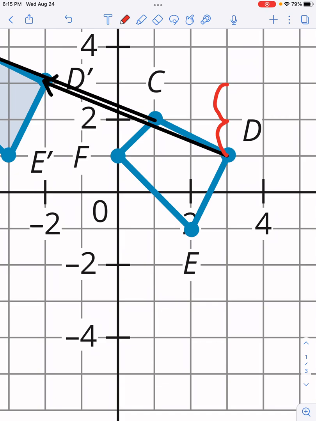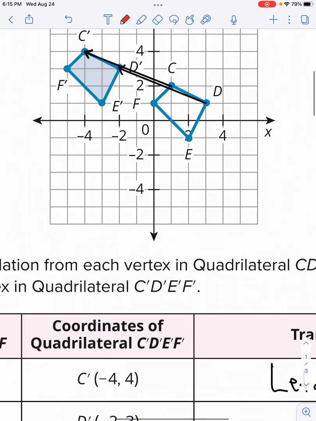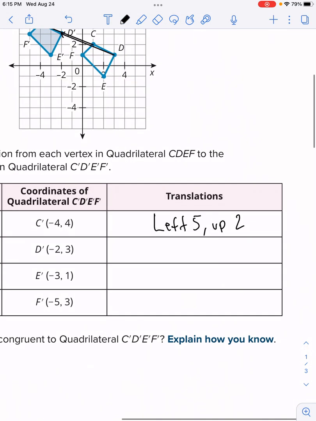Looks like I'm still going up 2. And then going to the left, 1, 2, 3, 4, 5 to get to that arrowhead. So same exact thing. So we're 2 for 2 here. Instead of writing out the words, I'll just put left 5, up 2.